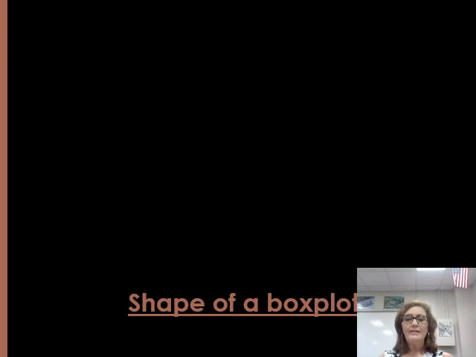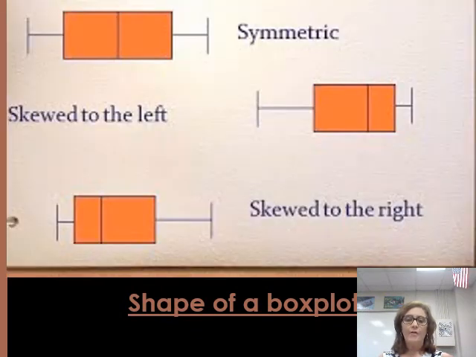All right, so let's look at box plots and how we can determine what the shape of our box plot is. When we had a histogram, we could look at it and say it's either skewed left, skewed right, and so forth. Well, these are also going to have shapes, and sometimes it's kind of hard to look at these versus looking at a histogram. So what are we looking at? We're looking at this middle line, really, which is our median.